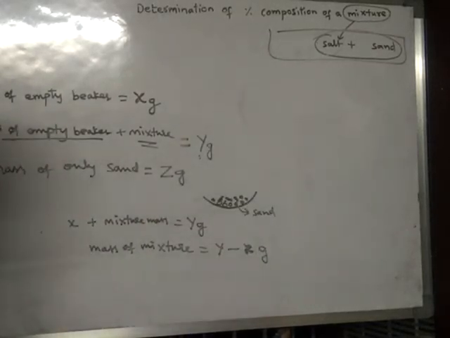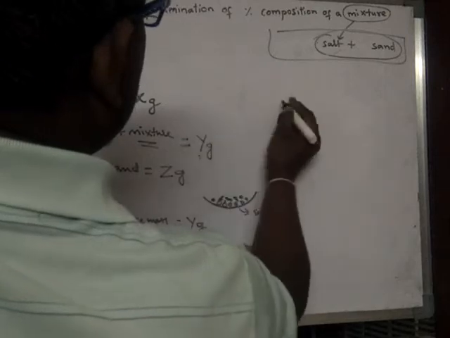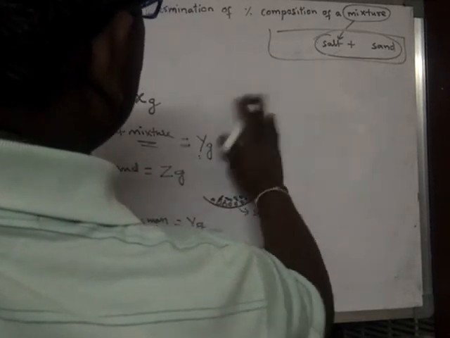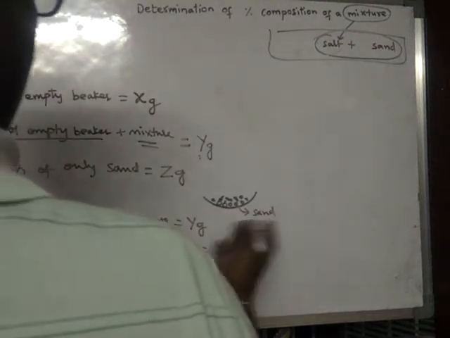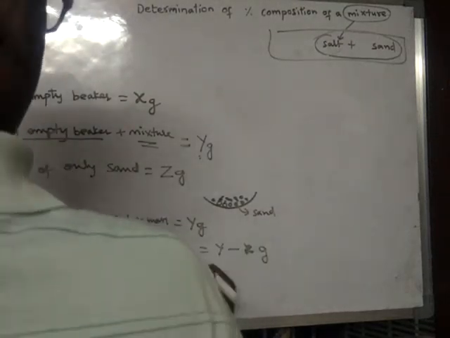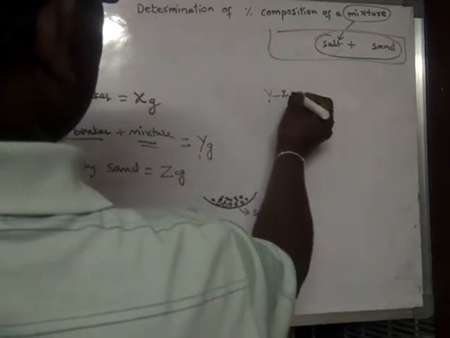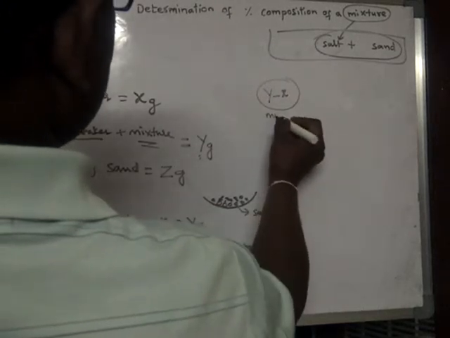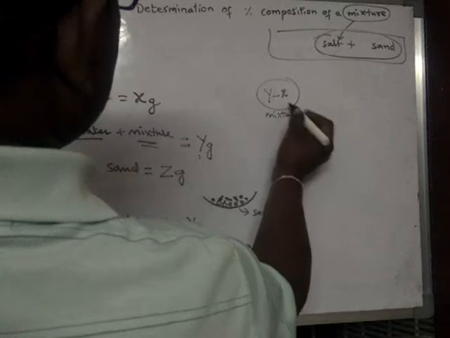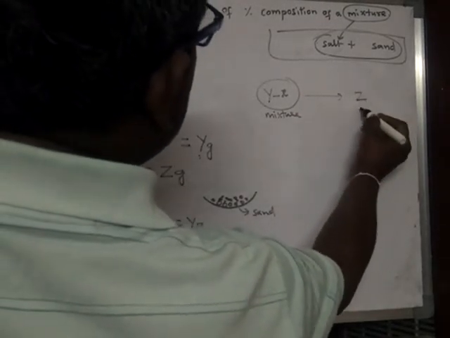There is a formula for this, or else we can deduce that formula also. In Y minus X grams of mixture, how many grams of sand is present? Z grams of sand is present.